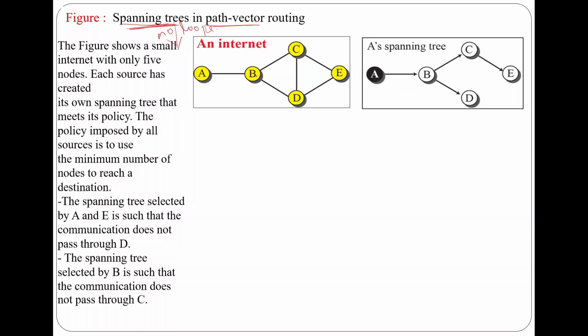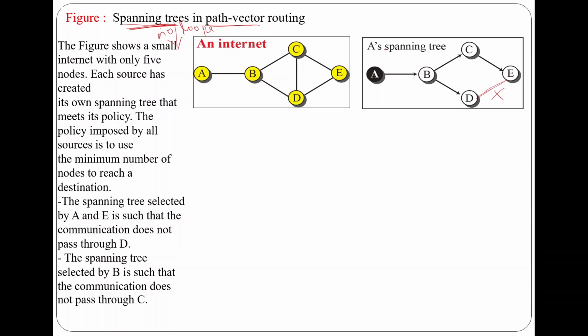Usually the internet contains some loops, but whenever we talk about the path vector routing protocol, we should form a path such that it does not have any loops. So here we are not drawing any extra edge. If you draw an edge here, it will not remain a spanning tree. Spanning tree means no loop should be formed when we find the path.